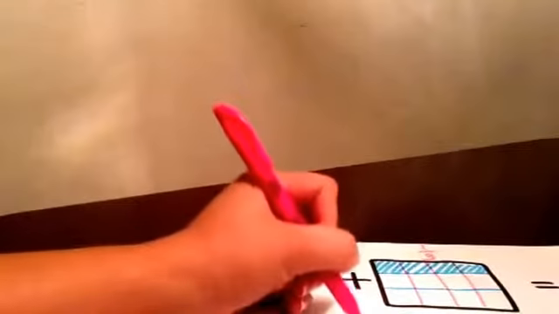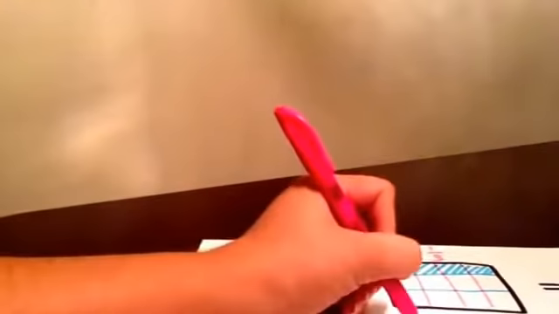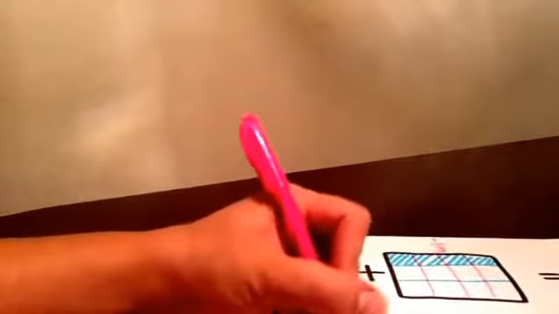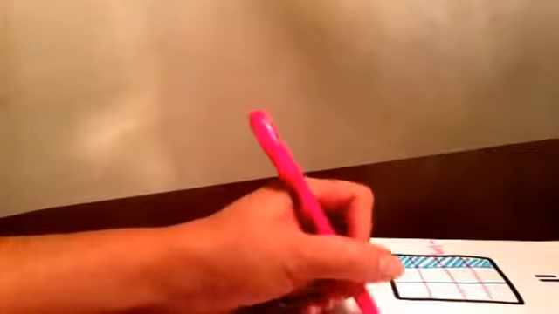So what we can do is we're going to do this. 1, 2, and 3. And we're going to shade this. 1, 2. And now we're going to do what Willie ate. 1, 2.